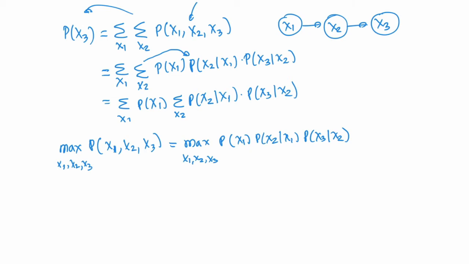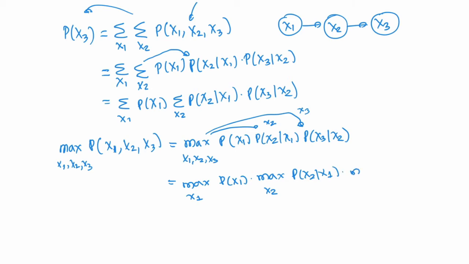We can move the max for x3 to here, the max for x2 to here, and keep the max for x1 in this position. So this is the same as the max for x1 of p(x1), times the max for x2 of the probability of x2 given x1, times the max for x3 of the probability of x3 given x2. And we're going to save space and time too.